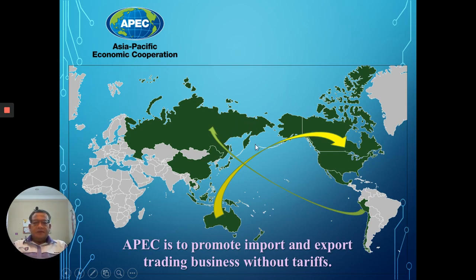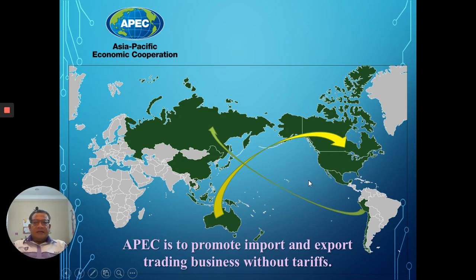It is an agreement between many countries in Asia, particularly in the eastern part of Asia, like Russia, China, Japan, South Korea, Thailand, Malaysia, Indonesia, Australia, and New Zealand. They have a trade agreement with the United States, Canada, and also Chile and Mexico, that they are going to have free trade, import and export of goods without any engagement of a tariff.